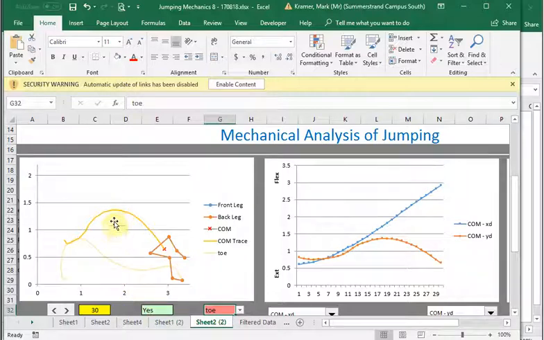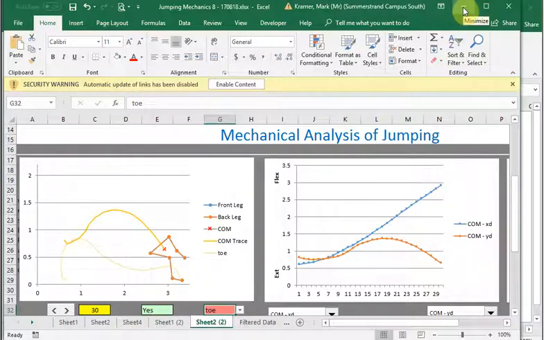We can find out and calculate essentially how high the person has jumped, how far the person has jumped, and so on and so forth. So even though this body is complicated, once we know a lot of things about it in terms of these segmental masses, we can make some really great calculations and some really great predictions.